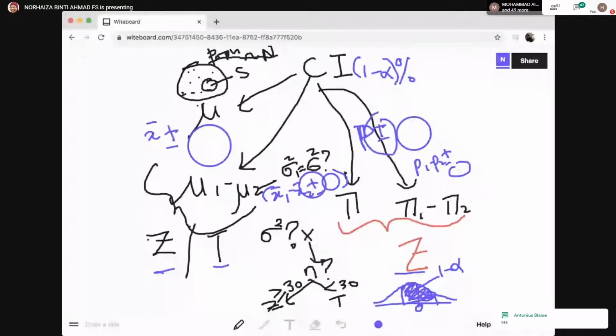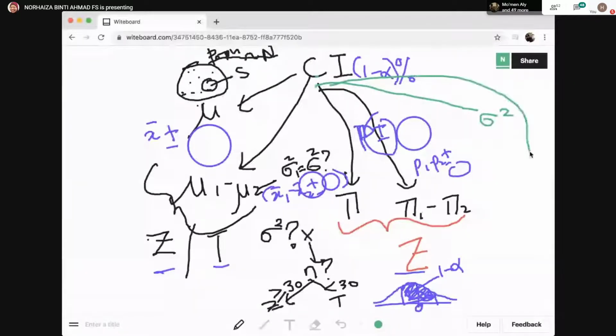Right. So today we're going to look at another parameter. What are the parameters that we haven't looked at? The variance. So we're going to look at these two measurements: a single variance, and also the ratio between two variances.